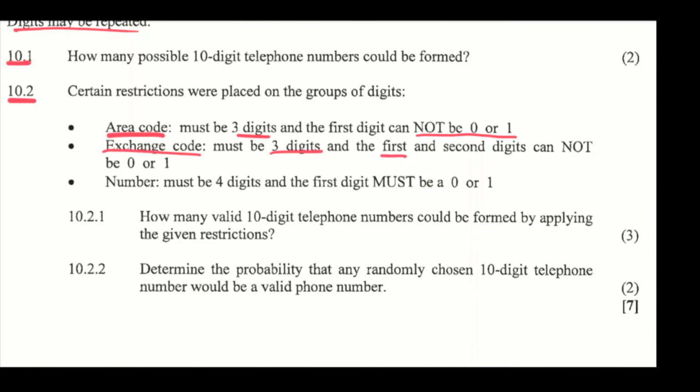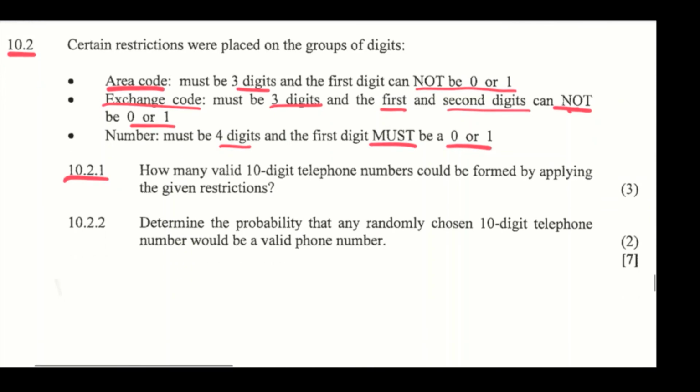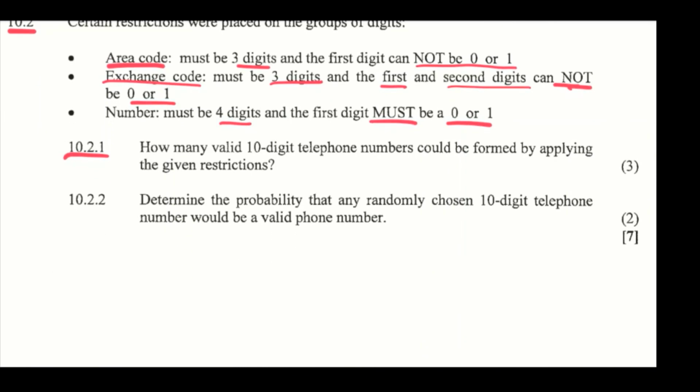The first and second digits cannot be 0 and 1. The number must be 4 digits. The first digit must be a 0 and 1. So the first question asks how many valid 10-digit telephone numbers could be formed by applying the given restrictions.